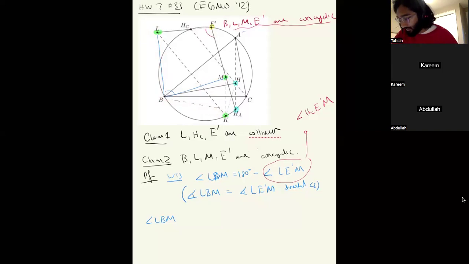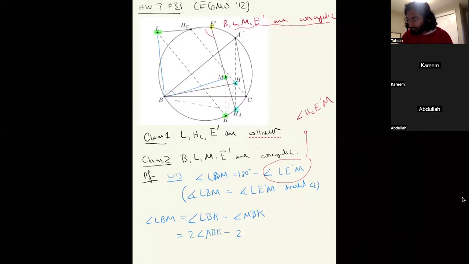So how do we phrase this? We say LBM is LBK minus MBK, and then because of the reflection, these are just double angles.